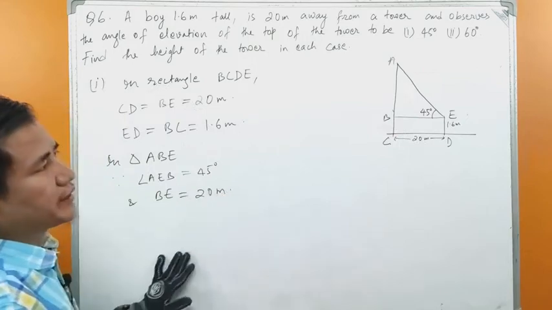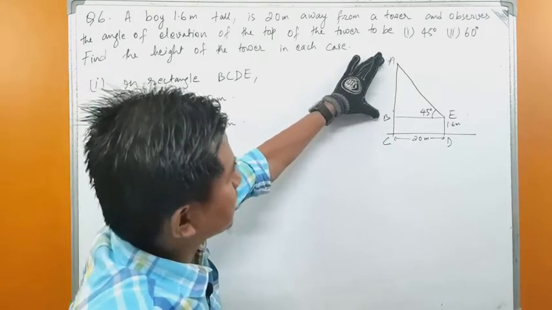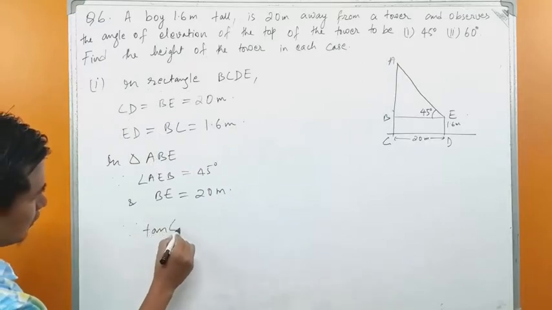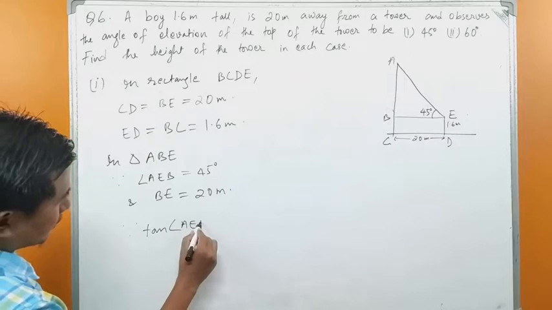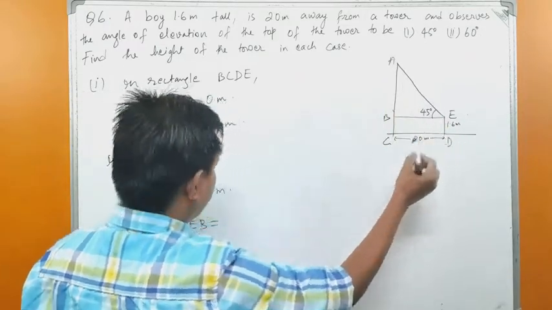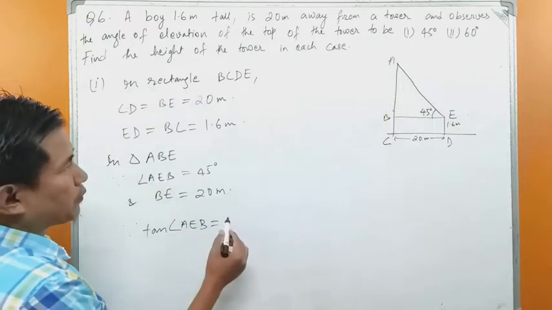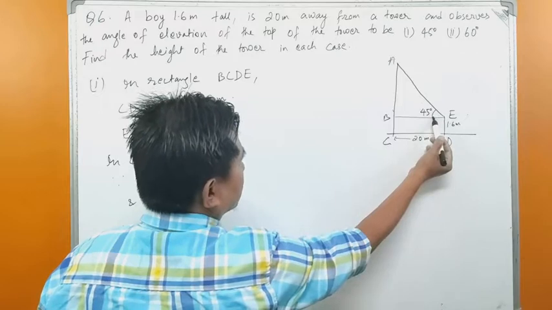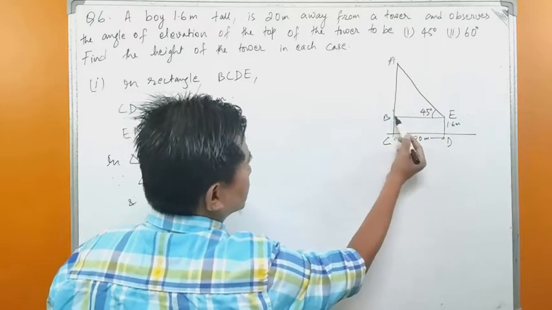Now let us apply tan theta and find the value of AB. Since we know that tan of angle AEB equals perpendicular by base. When you see this angle, the perpendicular is AB and the base is BE.